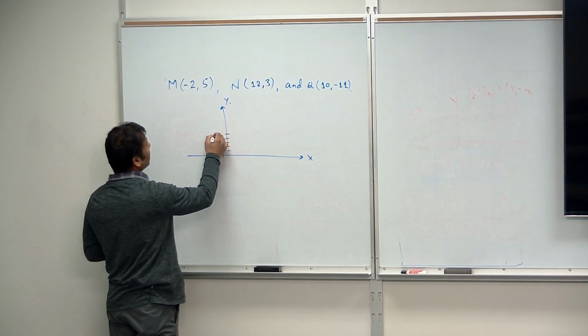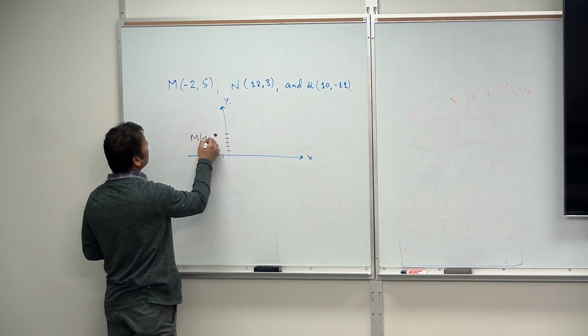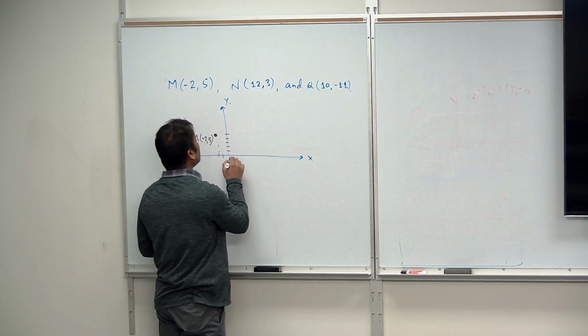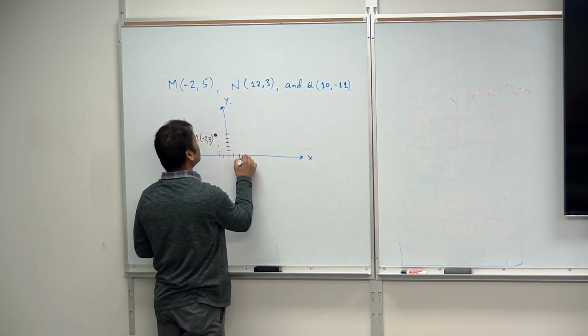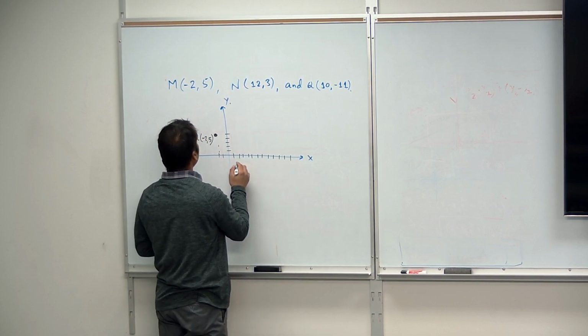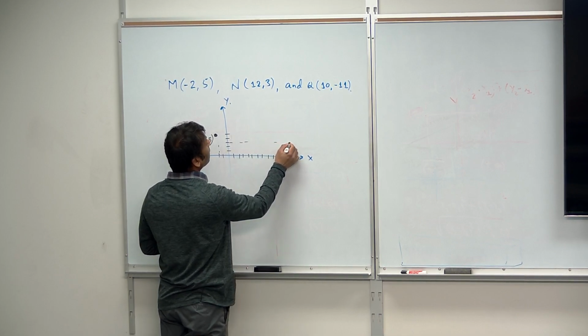So maybe somewhere like this. You see that this is M (-2, 5), and N (12, 3): 1, 2, 3, 4, 5, 6, 7, 8, 9, 10, 11, 12, comma 3. So somewhere here, you know what I mean?